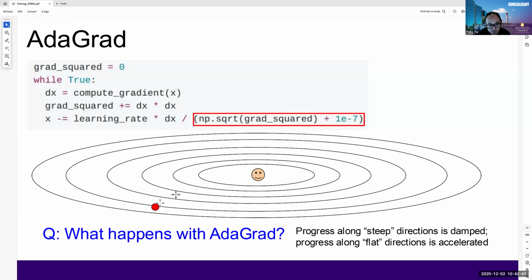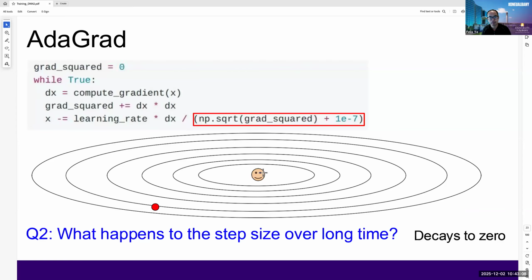If you do that, you will not get zigzags. You actually will get a smooth transition to the local minimum. This is very useful if you believe certain gradients have very large values and certain gradients have very small values.